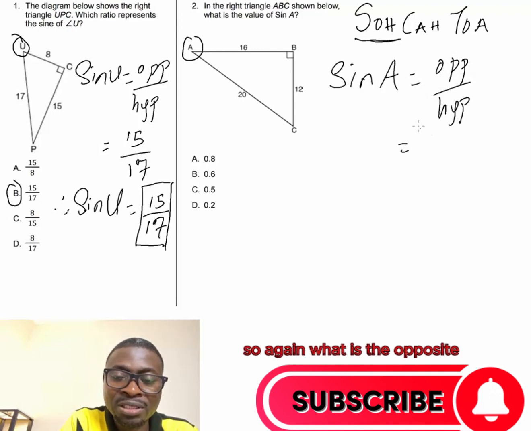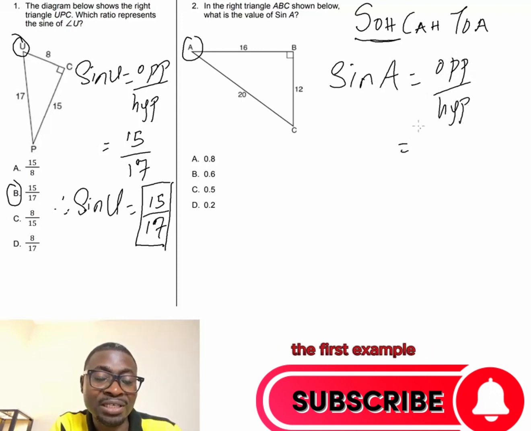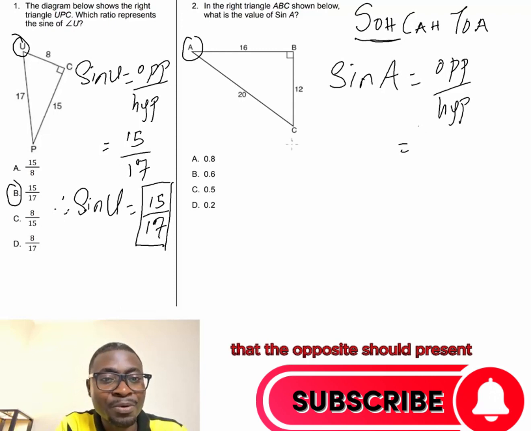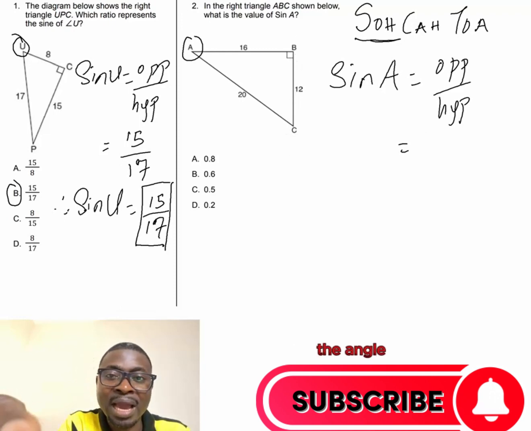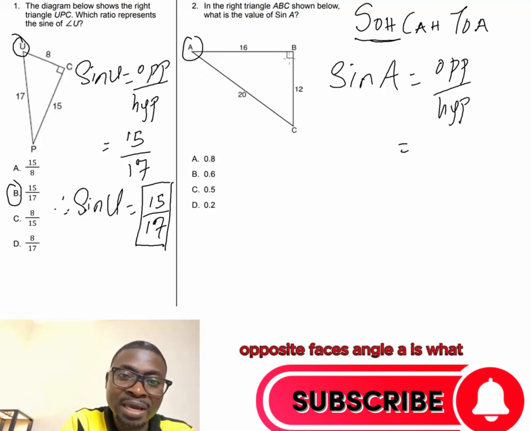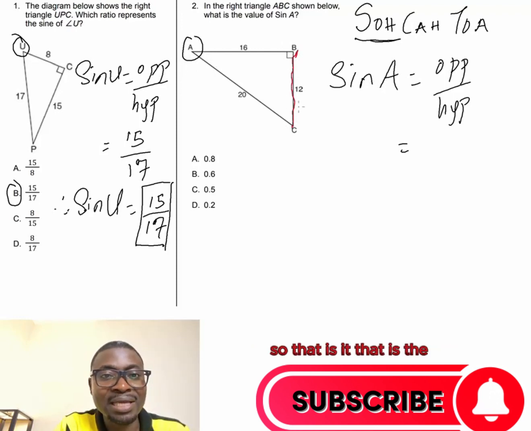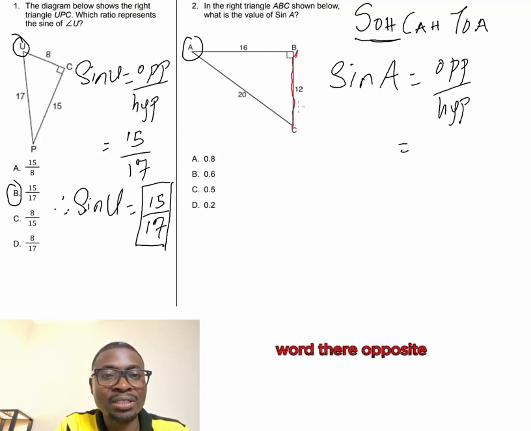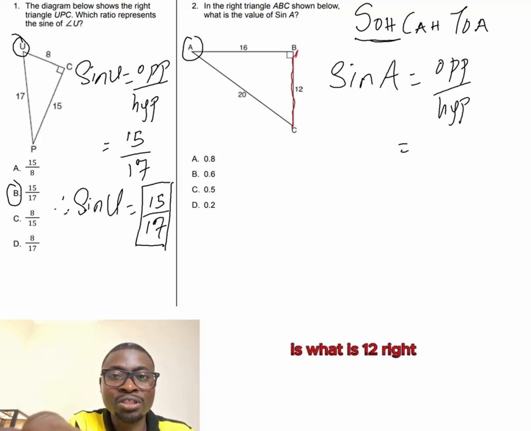So again, what is the opposite? Remember, I told us in the first example that the opposite represents the side facing the angle. In this case, the side facing angle A is this side, which is 12.